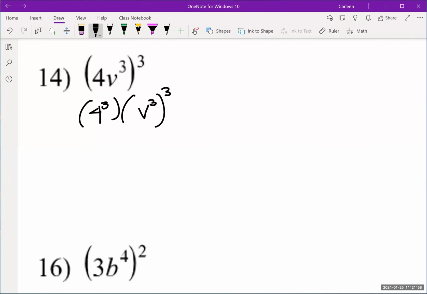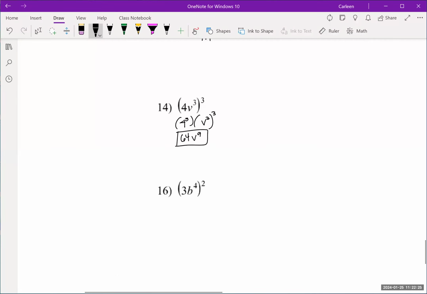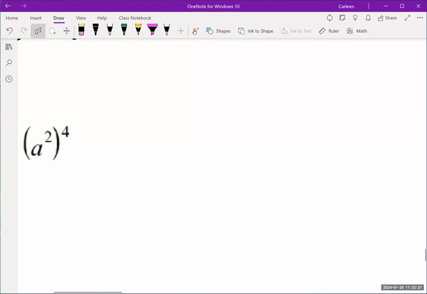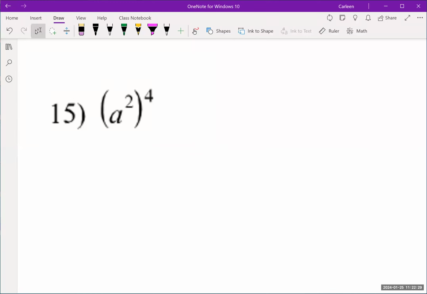So 4 to the power 3 is 64. And now we base to the power, multiply. Okay. Oh, there's no coefficient. Nice.